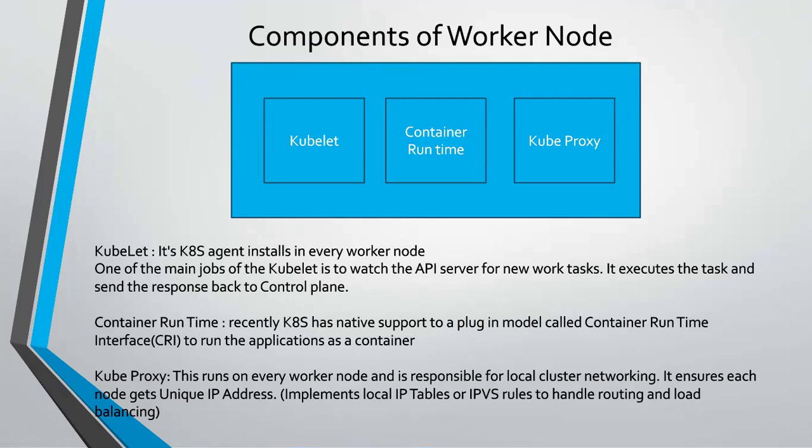Then what is kube-proxy? It runs on every worker node and is responsible for local cluster networking. When you want to run your application, networking is very important. So kube-proxy ensures nodes get a unique IP address.